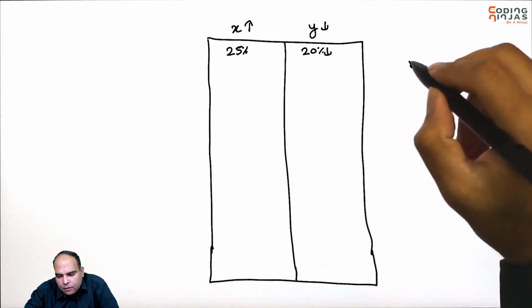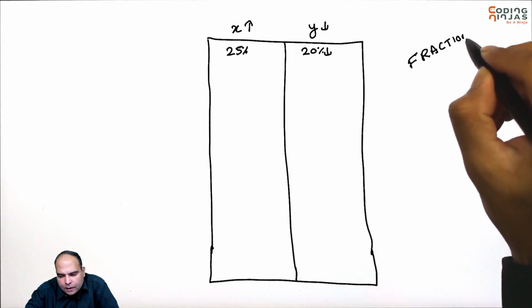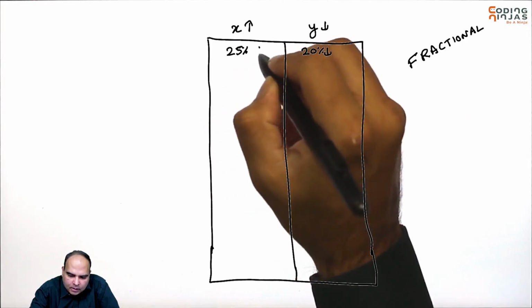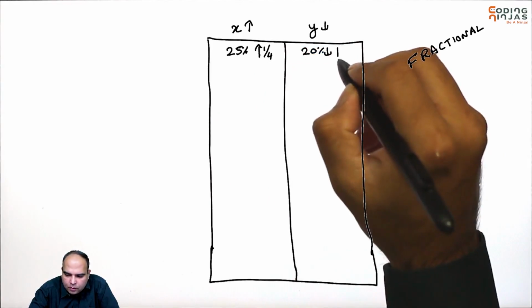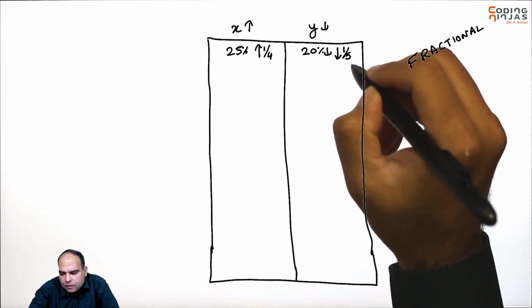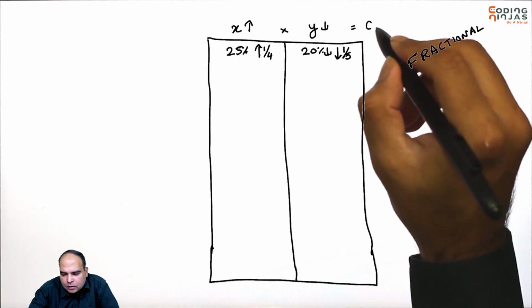There's a fractional view of looking at this table also. And that fractional view, if you look at the pairs, x in this case was increasing by 1/4, due to which y was decreasing by 1/5 to keep the product x into y as constant.